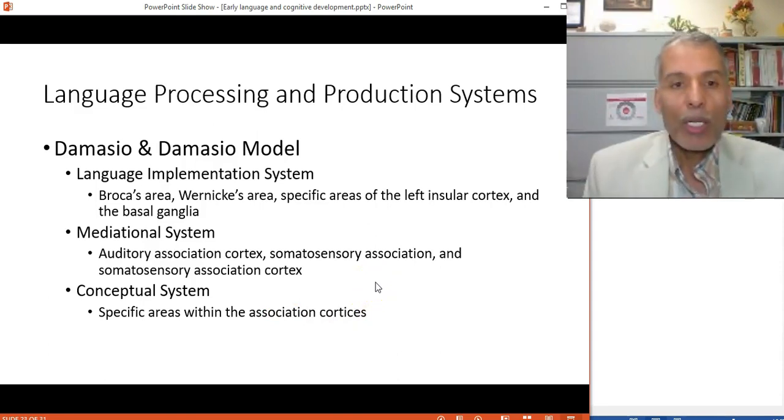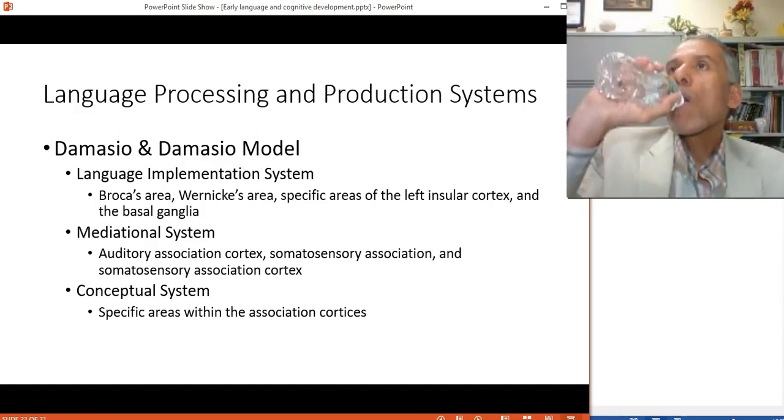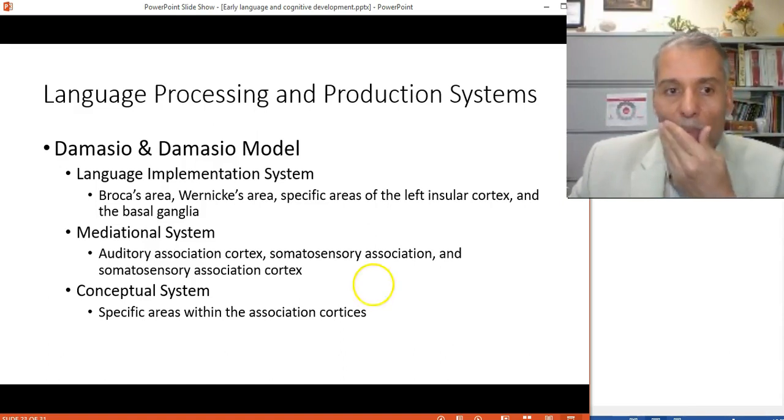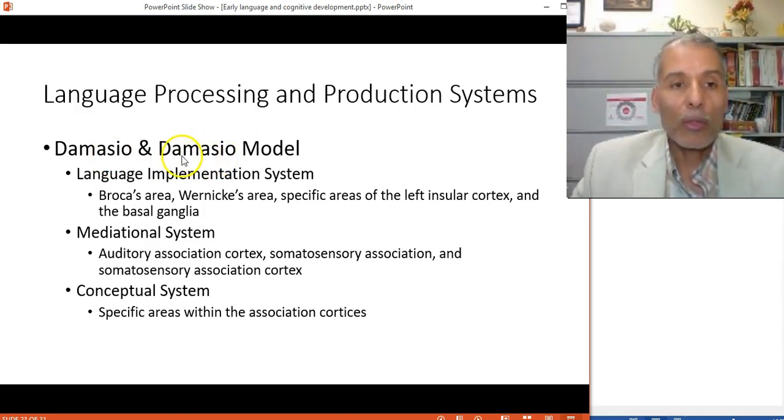Looking at language generally, how do we process language? There is a very prominent neuroscientist, Antonio Damasio, and his wife also, Helen Damasio.